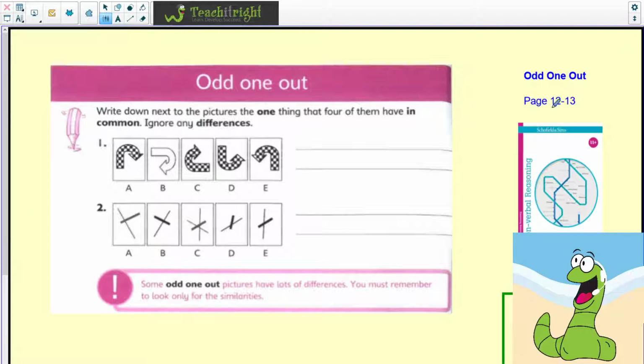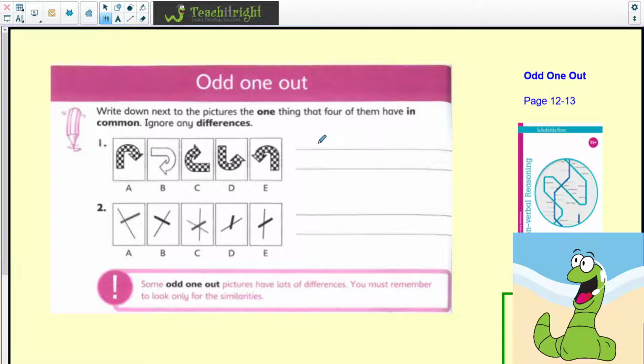So having a look at page 12 and 13, write down next to the pictures the one thing that 4 of them have in common. Ignore any differences. So we'd encourage you now to look very, very carefully in your books and see what 4 of them have in common with each other. And this hopefully then will leave you with one that is different.